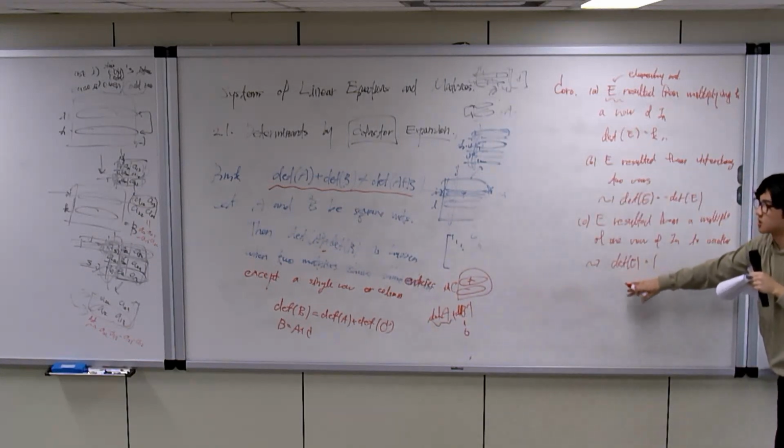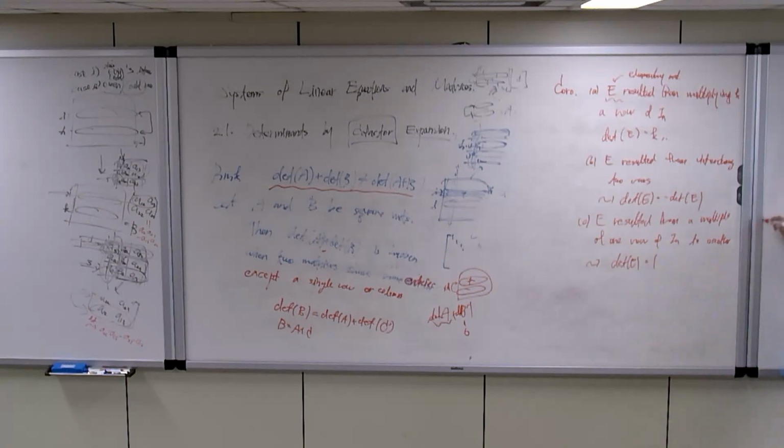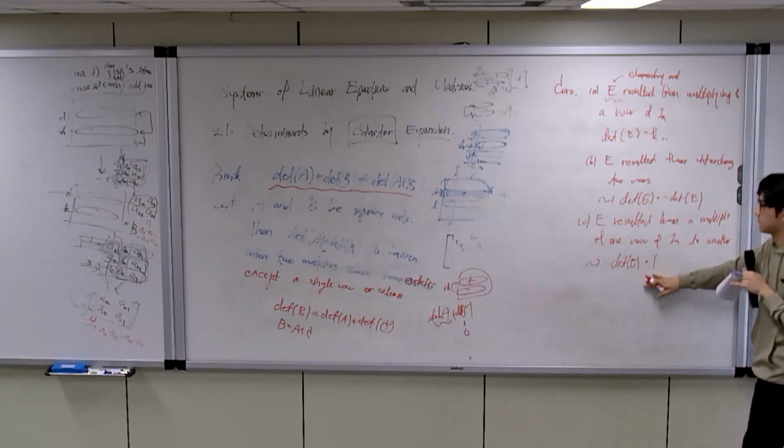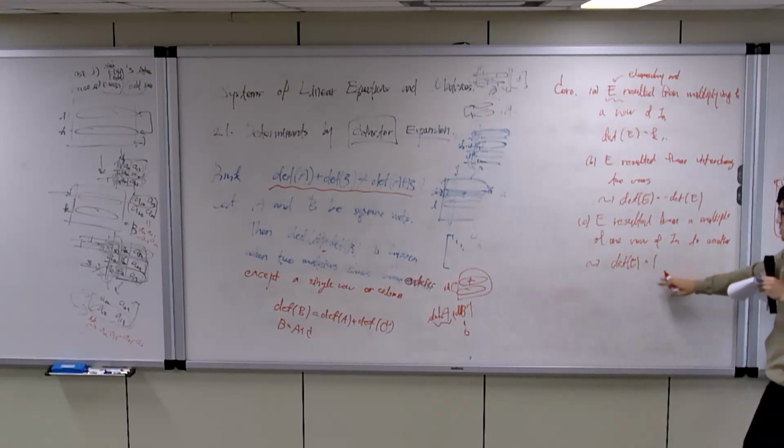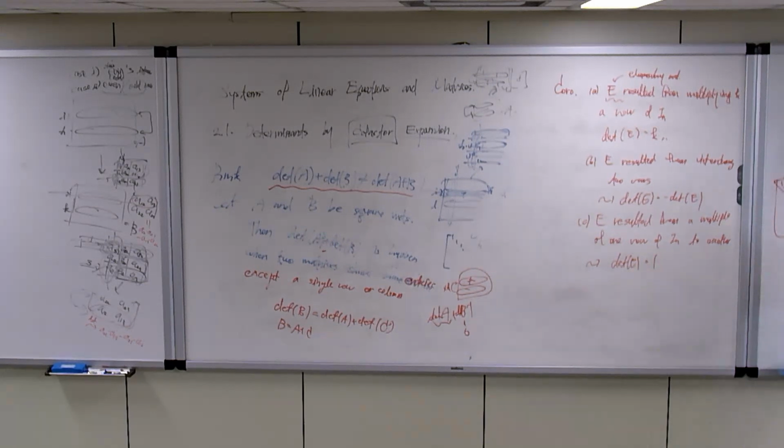And the determinant of the identity was 1, because it has main diagonal entries only as 1, and the diagonal matrix is also lower triangular and upper triangular, and its determinant was the product of main diagonal entries. So the determinant of the identity matrix is 1, so the determinant of E is also 1.